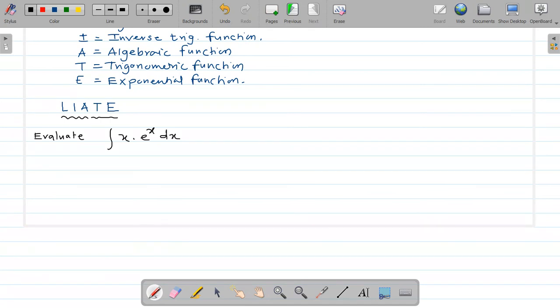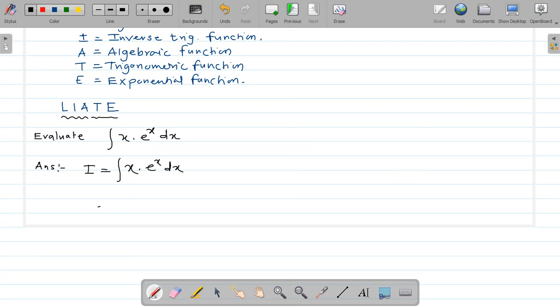So here the given order is convenient for us, so no need to rearrange this function because it is given in that order as it is. So consider I is equal to integration x into e raised to x dx. No need to change the order because algebraic function is first and then exponential function.